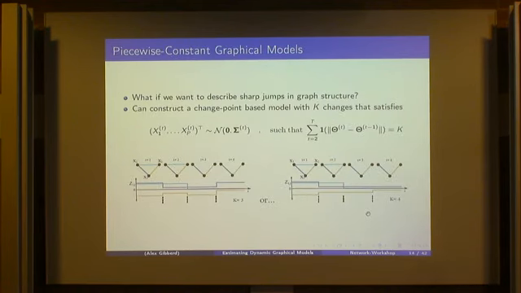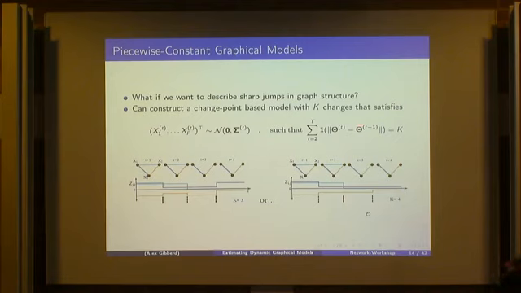The other aspect is the piecewise constant graphical model, where there is this jump structure. So what if we want to describe those sharp jumps in the graph structure? One way to say it is: let's say I have x1 to xp, a p-dimensional multivariate Gaussian over t time points, such that I want to find out where these changes in the precision matrix happen from t minus 1 to t.